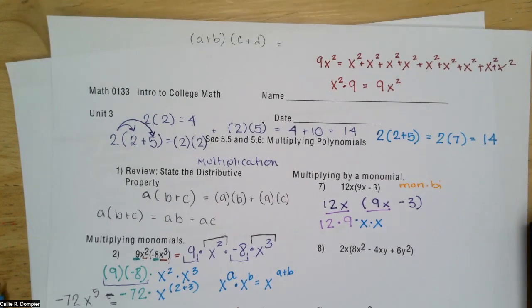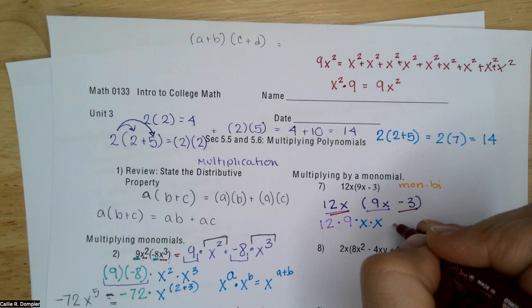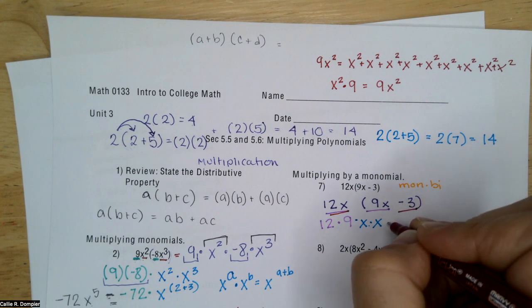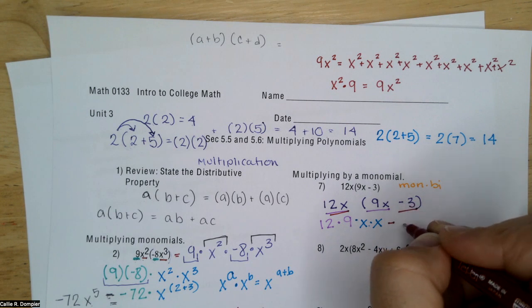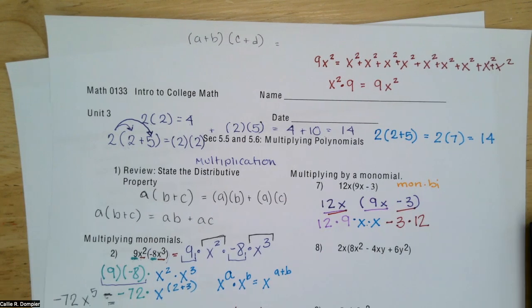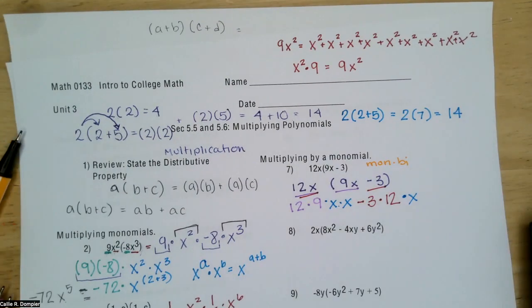And then we're going to go on to 12x times negative 3. So that is minus, right? 3 times 12 times x. Okay.